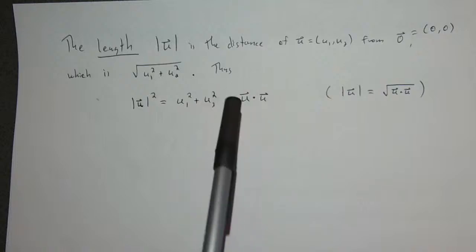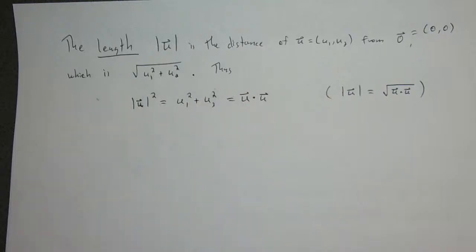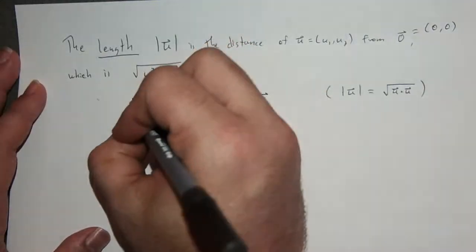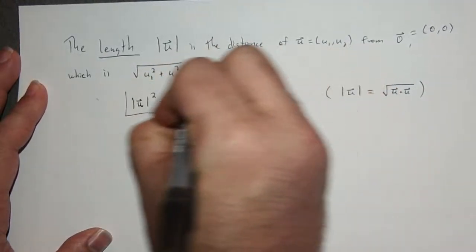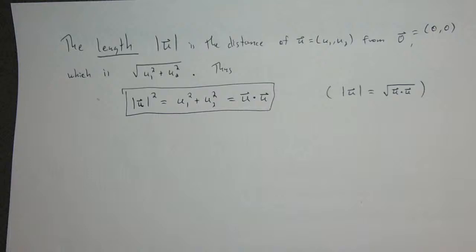The dot product of a vector with itself is hiding in the formulation of the length of a vector, or the distance between two vectors. All right, and so this is the key thing that ties these together. Interpreted properly, it's actually the inner product that gives us the distance.